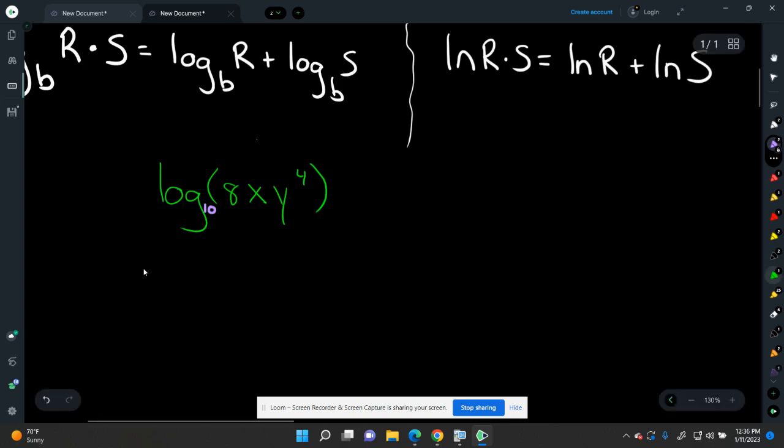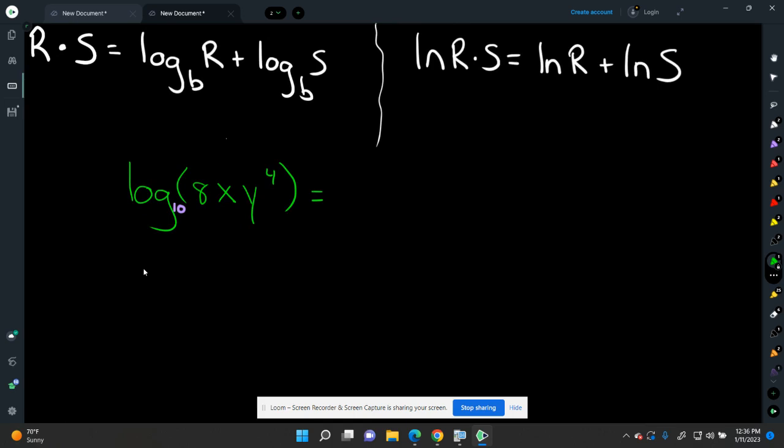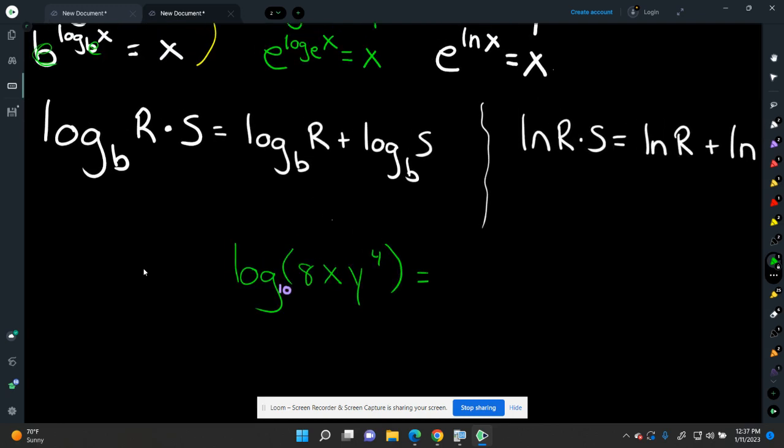Okay, so let's expand this. This is all multiplication. So what do you think we can do with it? Jackie, what do you think we can do with it? Well, this is all multiplied, right? What does this property up here say we can do when we have two things that are multiplied?